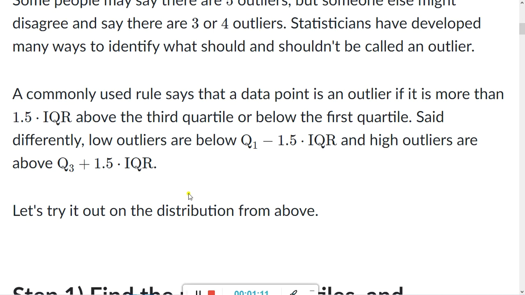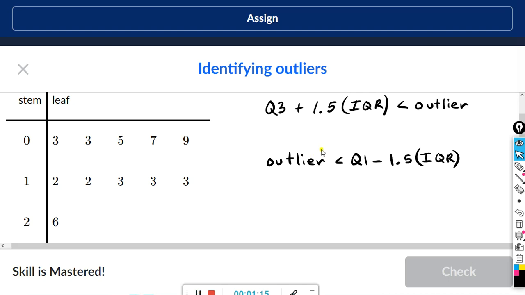So I'm going to write that out. These are the two formulas. The high outlier is going to be greater than Q3 plus 1.5 times IQR, and the low outlier is going to be less than Q1 minus 1.5 times IQR.